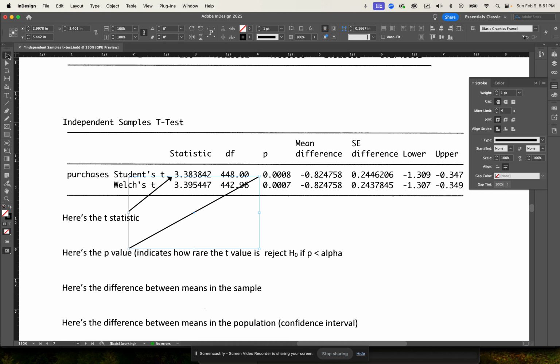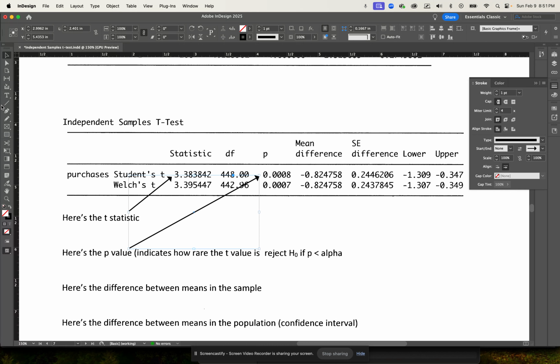Well, using statistical software, we see that if the p-value is small, below our alpha, then we reject it. And in this case, our alpha is 0.05, so 0.0008 is smaller, or lower, so we reject the null hypothesis.